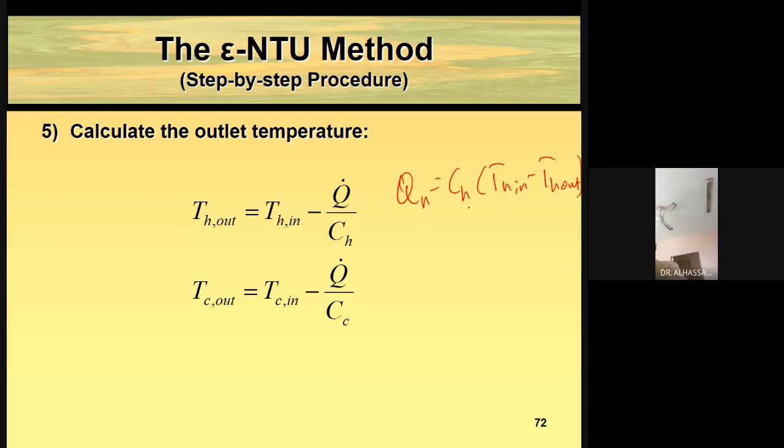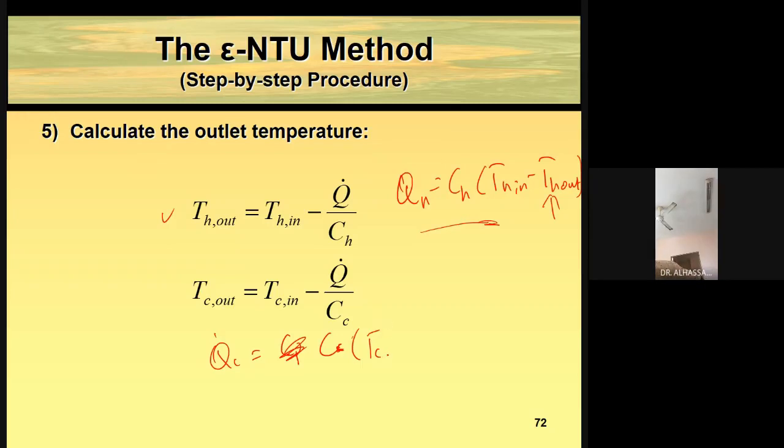So if I'm looking for T hot outlet, then I'll use this equation, and it is coming from here. Similarly, Q for the cold equals C, the capacity rate for the cold fluid, times the temperature difference. This gives us also T cold outlet.